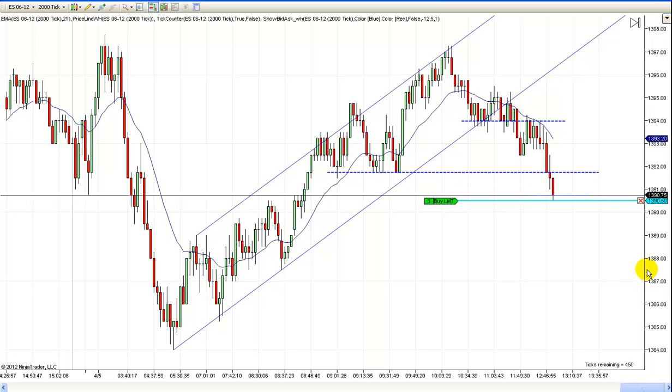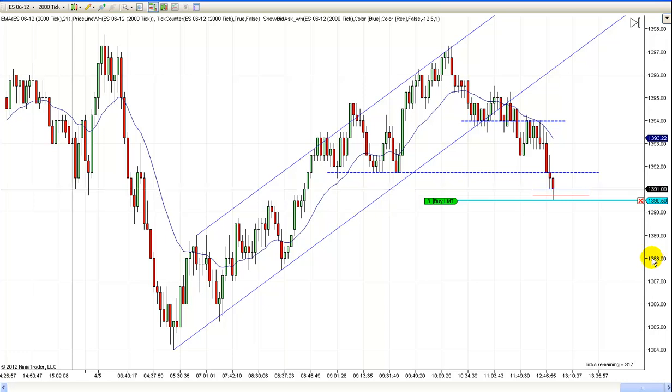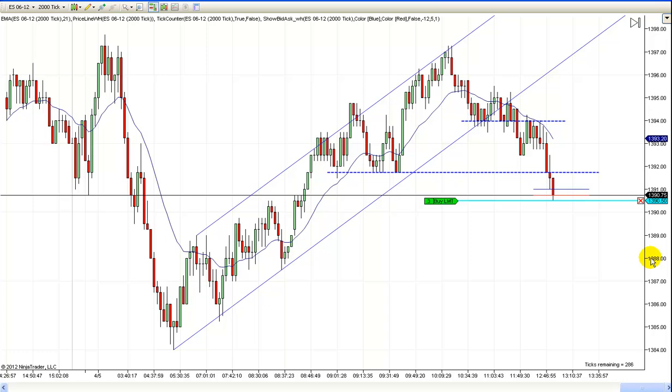And I probably won't watch this whole trade play out, but this is a great setup for a bounce here. And I'm probably going to miss it anyway. But anyway, hopefully you understand why we took the trade we took a minute ago, and why we did what we did.